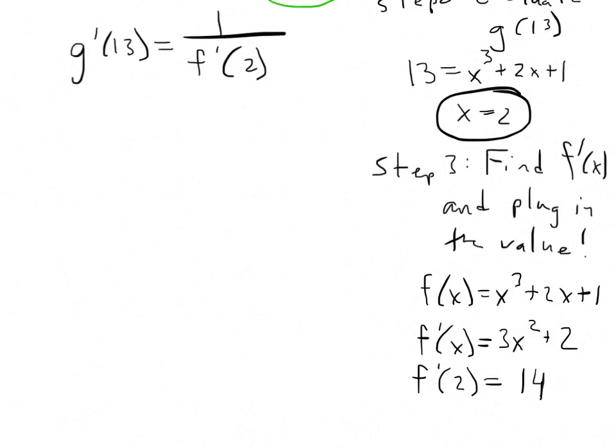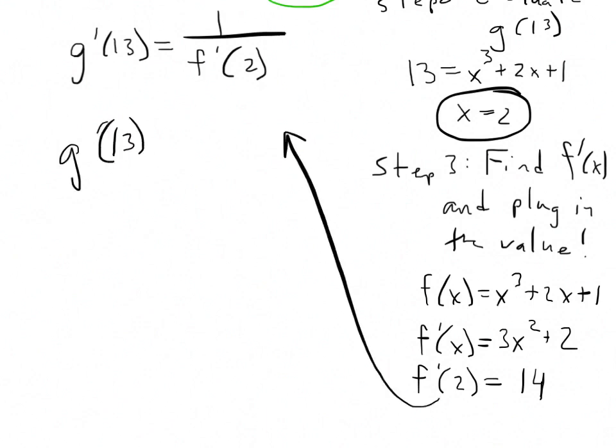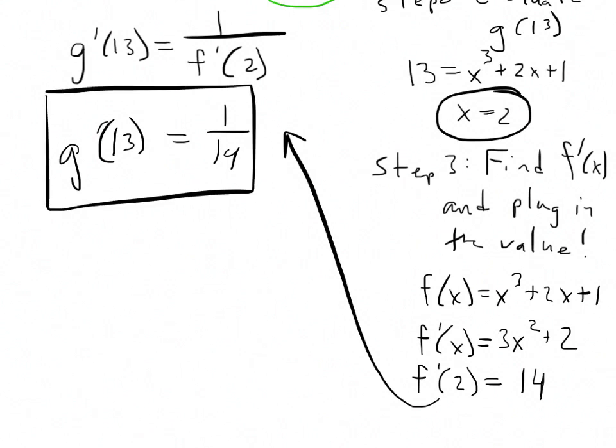Right? Checking my notes. Yeah, 14. So great. Put that into the formula. That means g prime of 13, the derivative of this inverse that I'm looking for, is 1 over 14. And you're done.